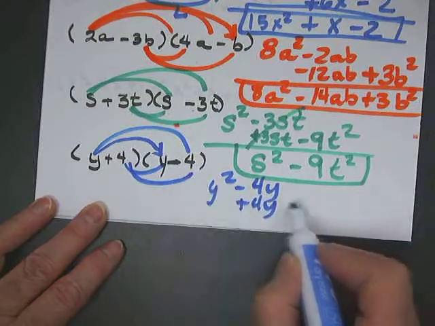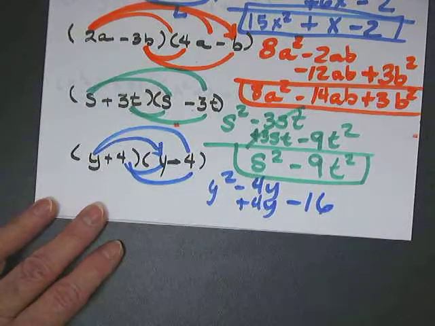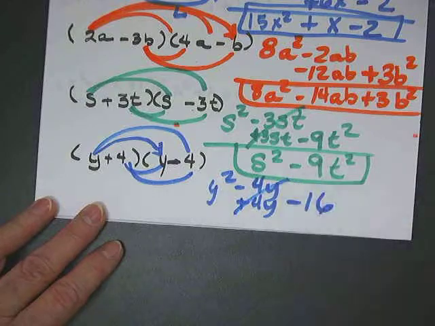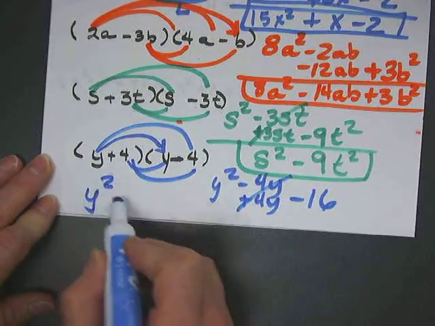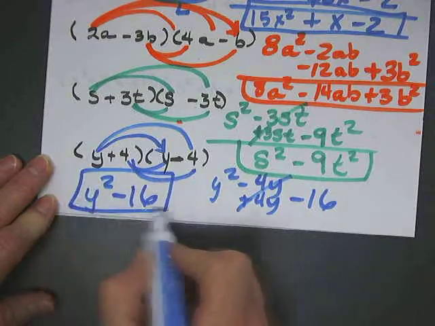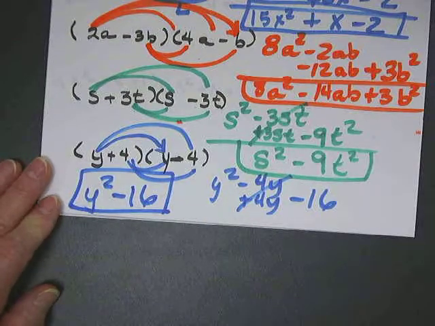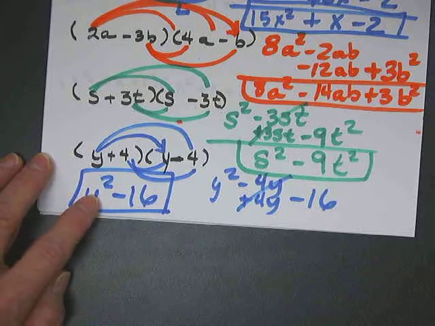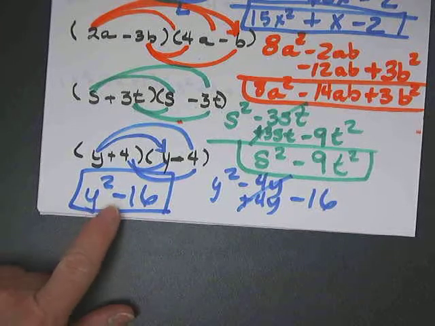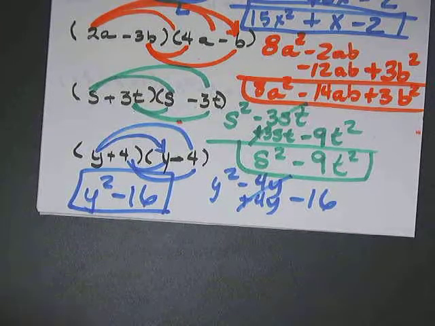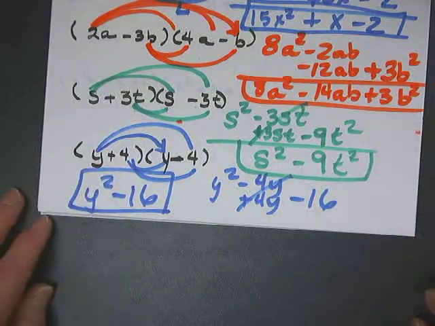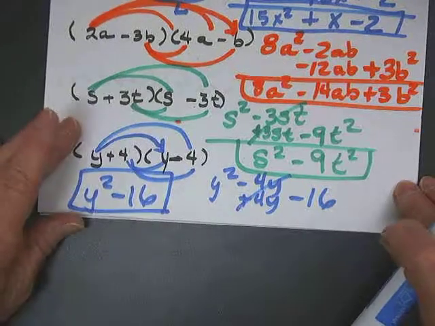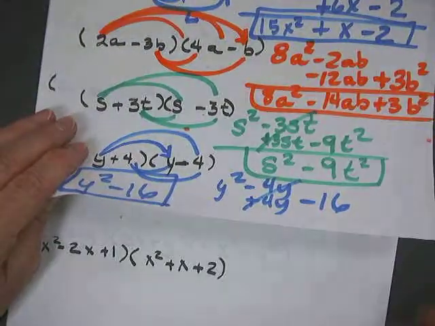Y times y is y squared, outside negative 4y, inside plus 4y, last times last. Or you can look at it and you might know by looking at it. You should have done a lot of factoring last semester and know that. That should just come natural to you, and going back from that to that should come natural.